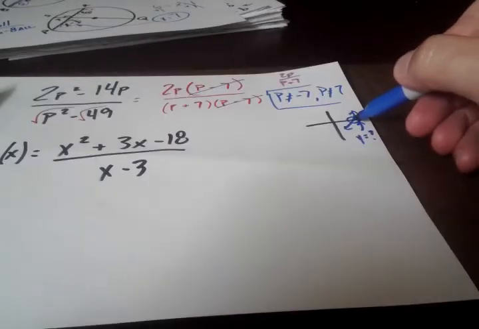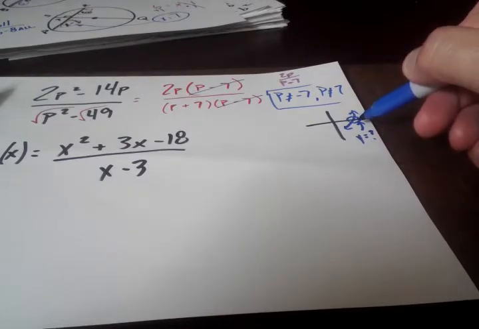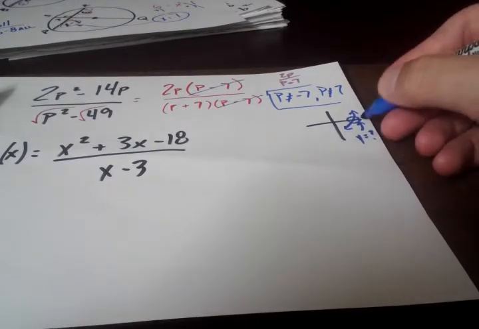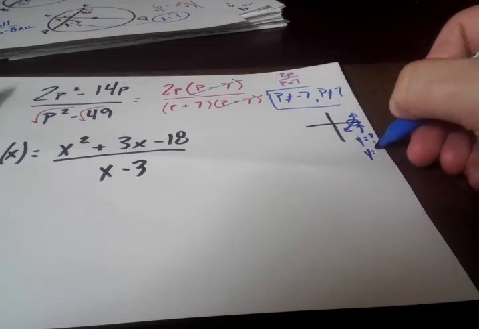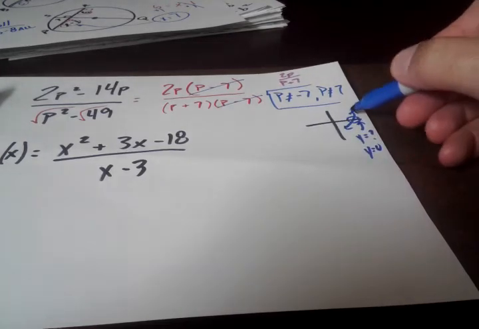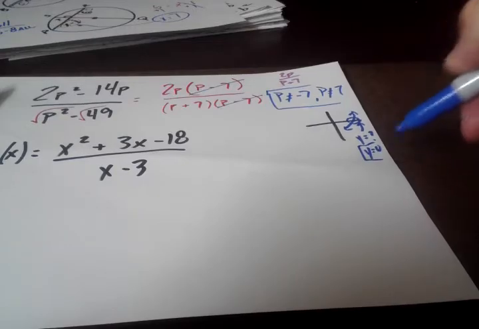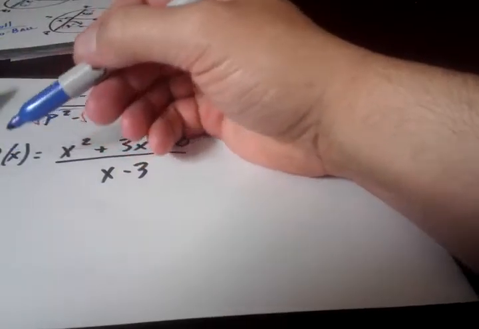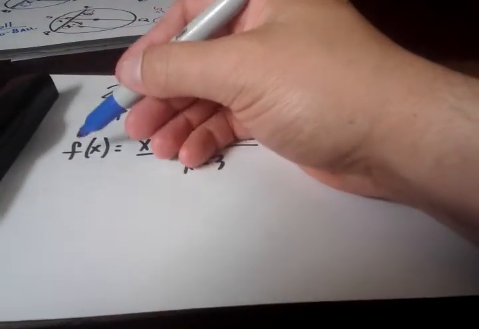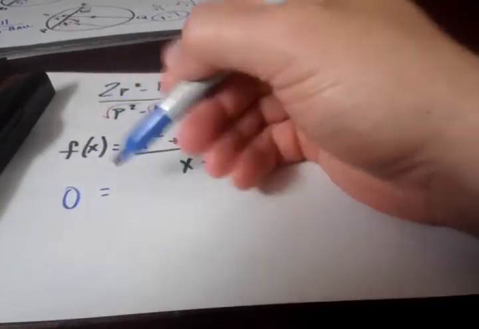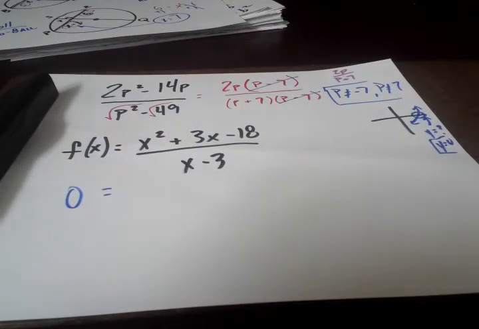Did it go up or down from the origin? Well, it didn't go up or down at all, so it's still on the x-axis. It means y will still equal 0, right? The zeros means y is 0. And remember that f of x is the y. So we're going to plug in a 0 here, and we're going to solve this as we go.